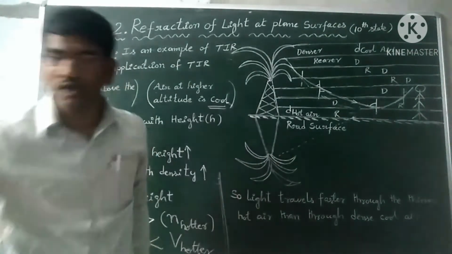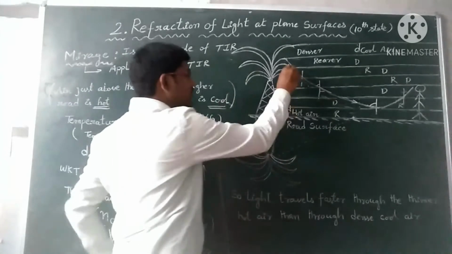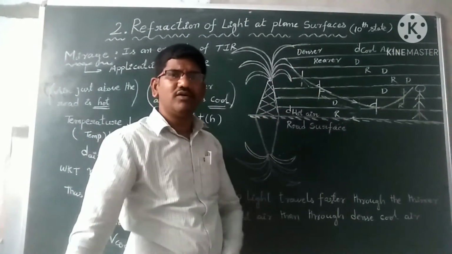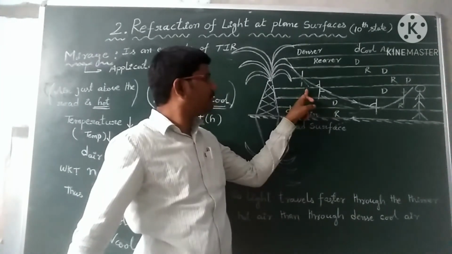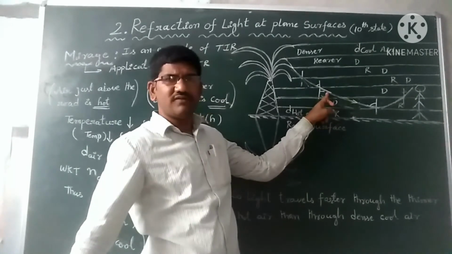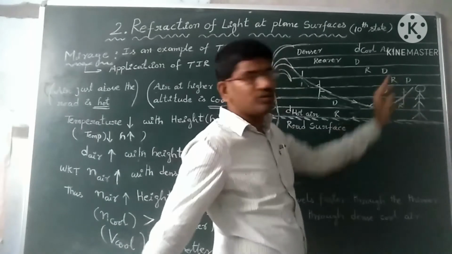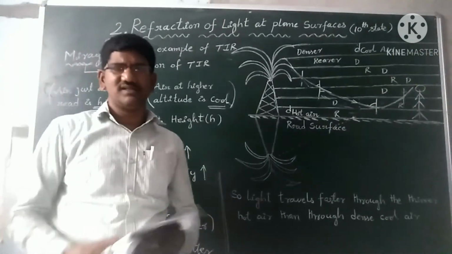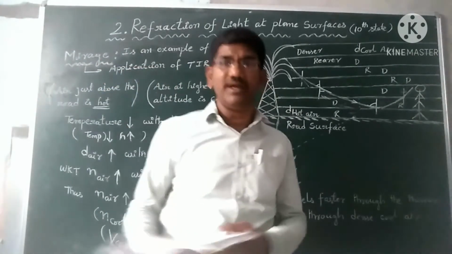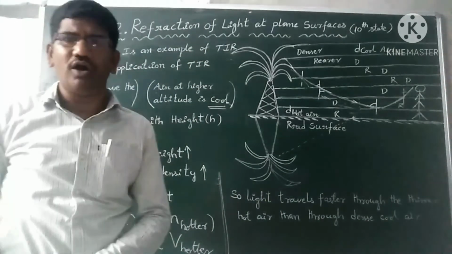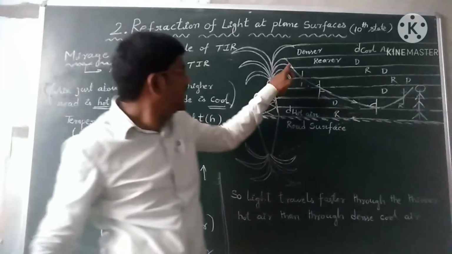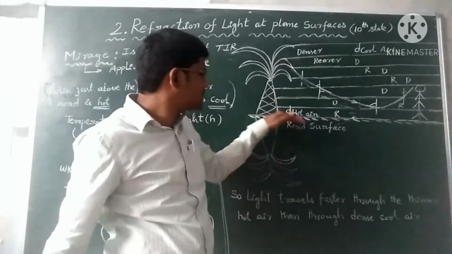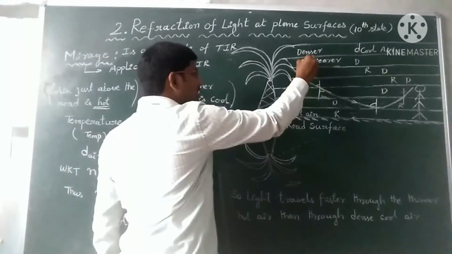So light from the tall object, such as the sky or a tree, passes through a medium just above the road, whose refractive index decreases towards the ground.